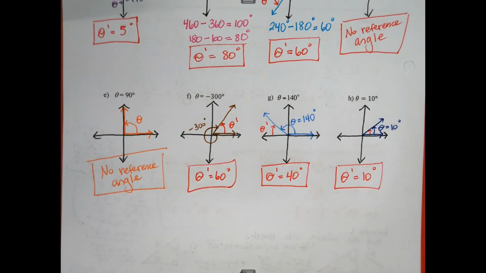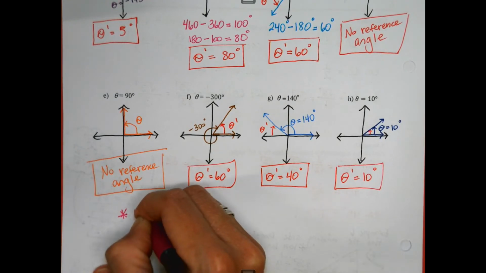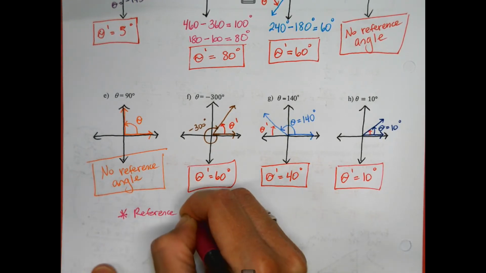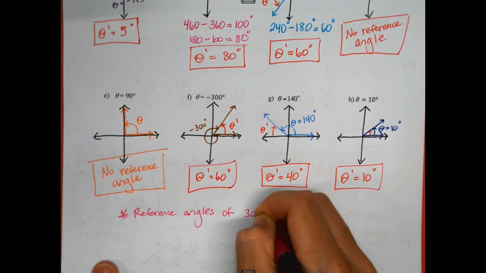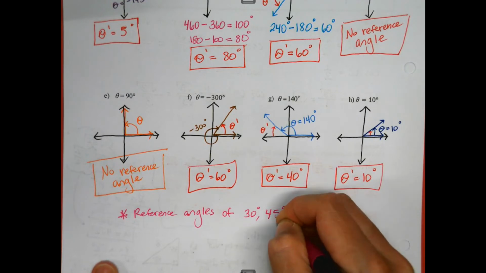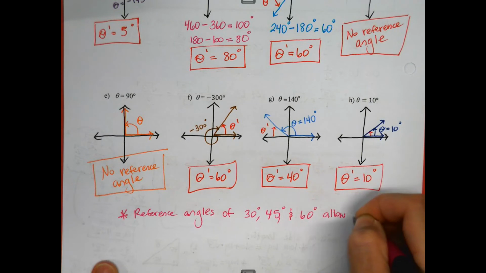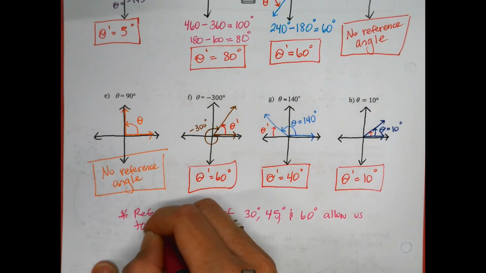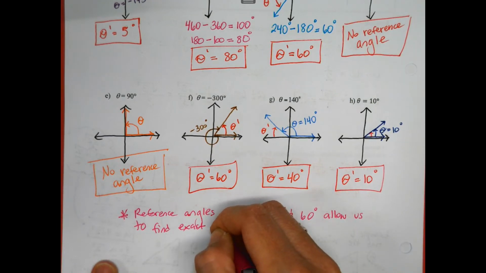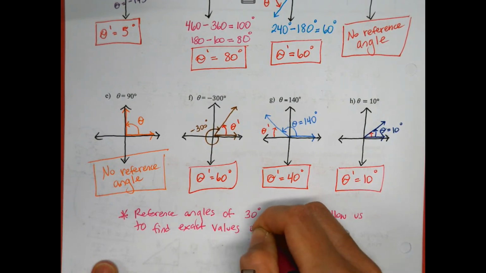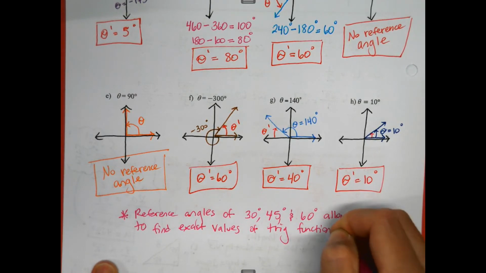As a note, and what we are kind of moving towards is that reference angles of 30 degrees, 45 degrees, and 60 degrees allow us to find exact values of trig functions for those angles.